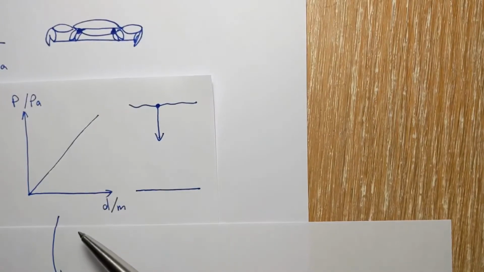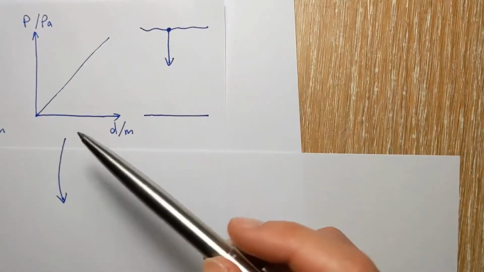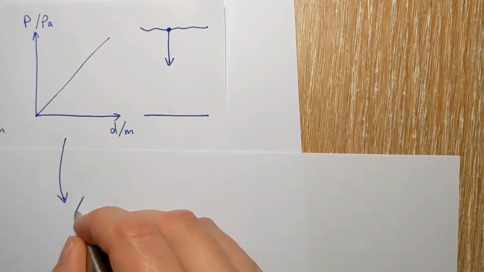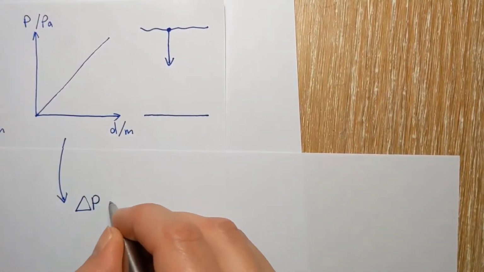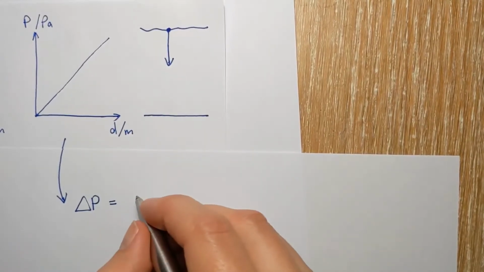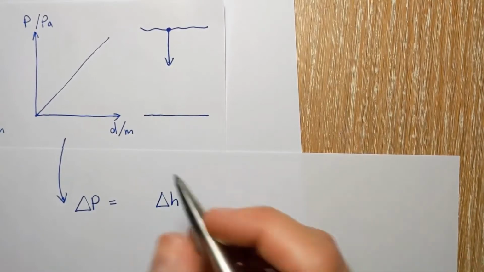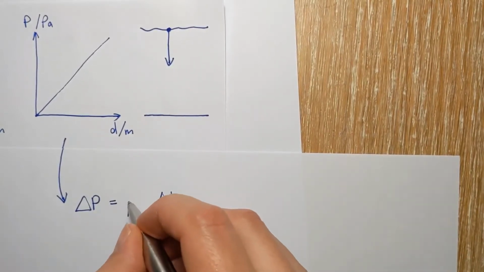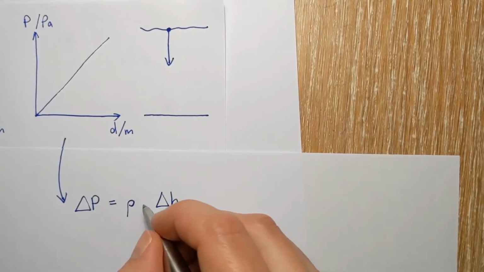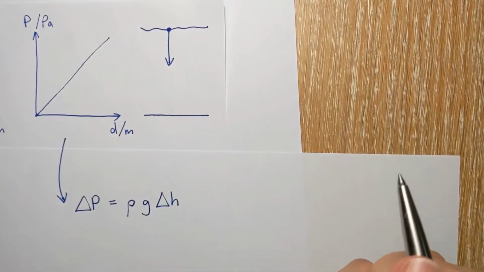And this relationship leads to our formula for the change in pressure on you as you descend a height h into a liquid of density ρ. So that's the formula.